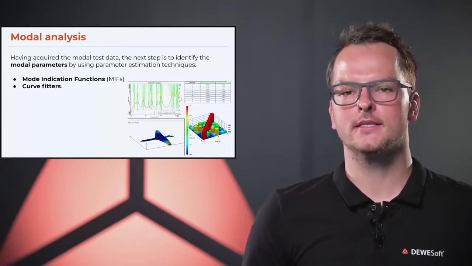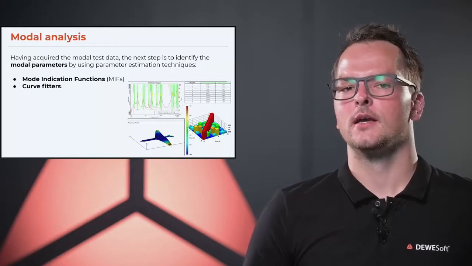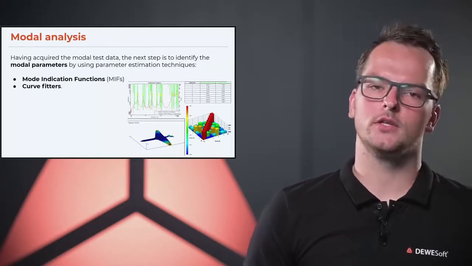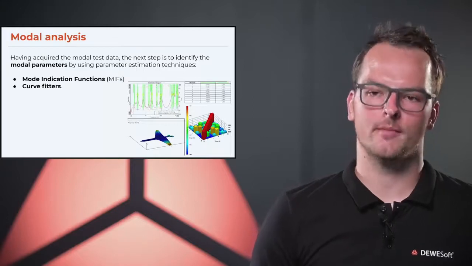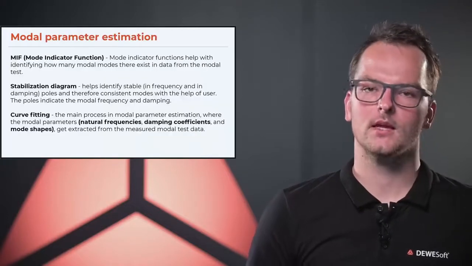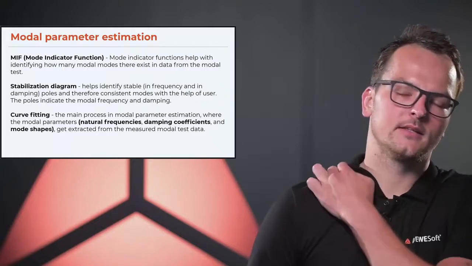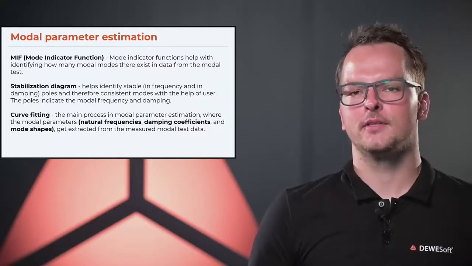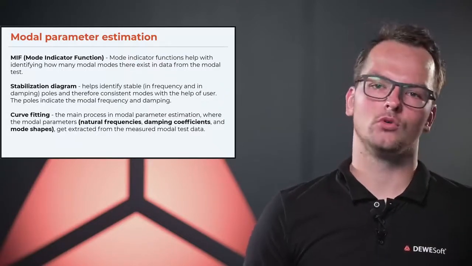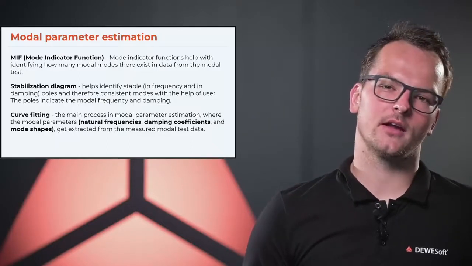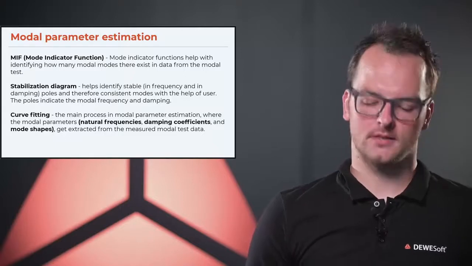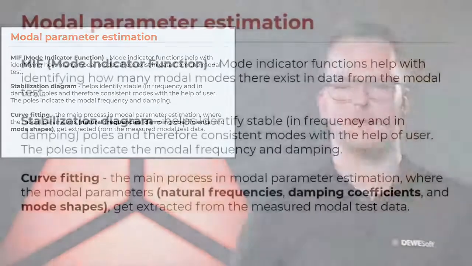In modal analysis, we use different curve fitters and mode indicator functions in order to identify modal parameters. We do the modal parameter estimation with the help of the mode indicator function, which helps us identify how many modes there are in our measured data.